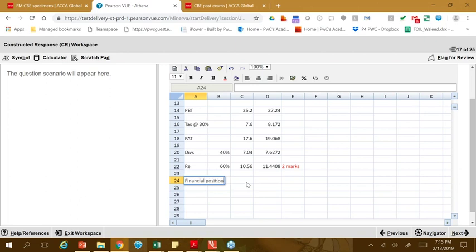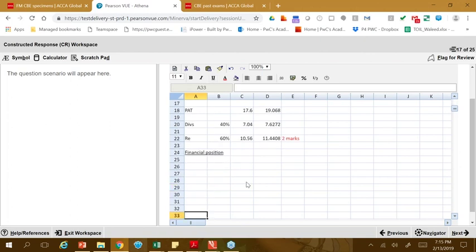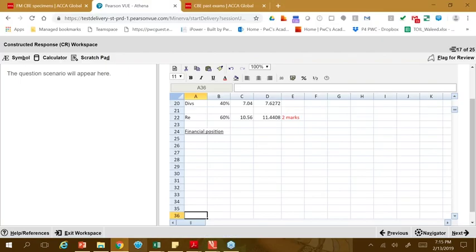Financial position. Let's try to think on the financial position now. If I look at this question, the only thing given here is equity and liabilities. I don't have any asset information. So I'm going to use equity and the liabilities, current and after 1 year. I have the equity part.